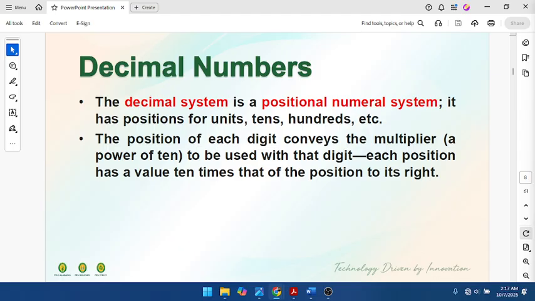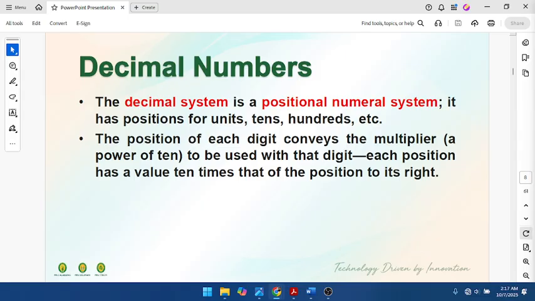So let's dig deeper into understanding the most powerful features of our decimal system: it is a positional numerical system. This simply means that a digit's value is determined by its place or position within the number.